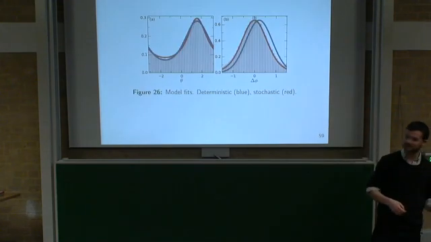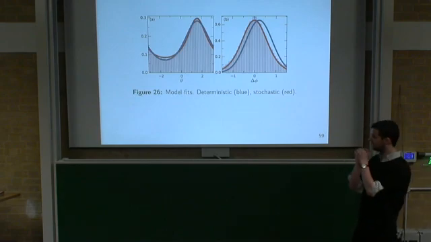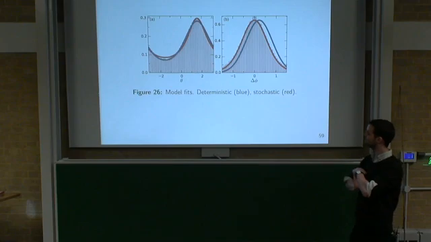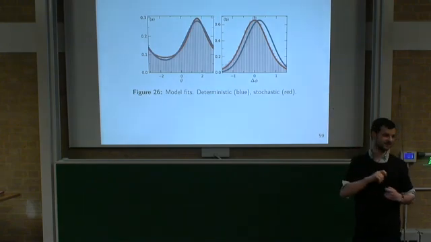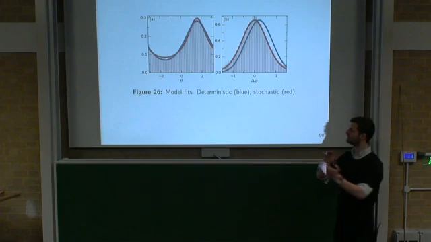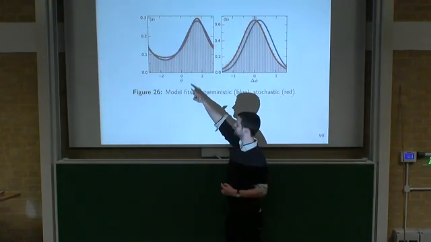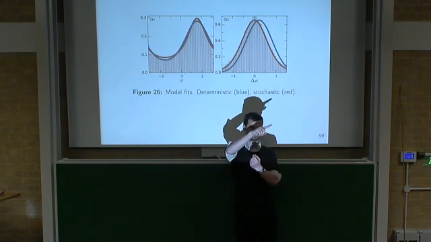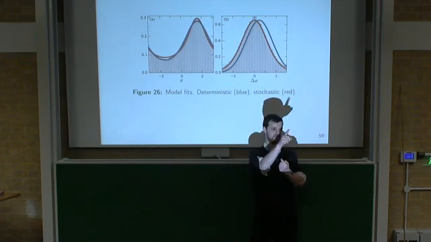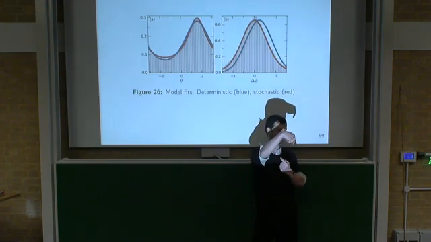Trying this on the data, we find that the deterministic model, the blue one, cannot fit the data. When you're swimming to the other side, you have a distribution of angles: some are swimming in the right direction, some in the wrong direction.